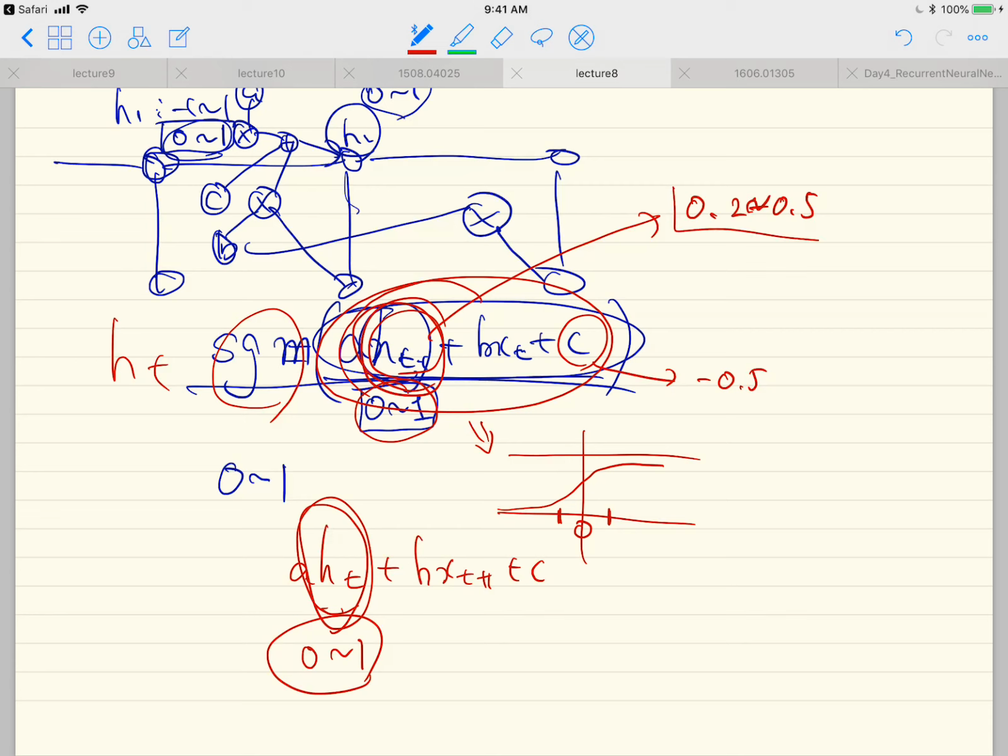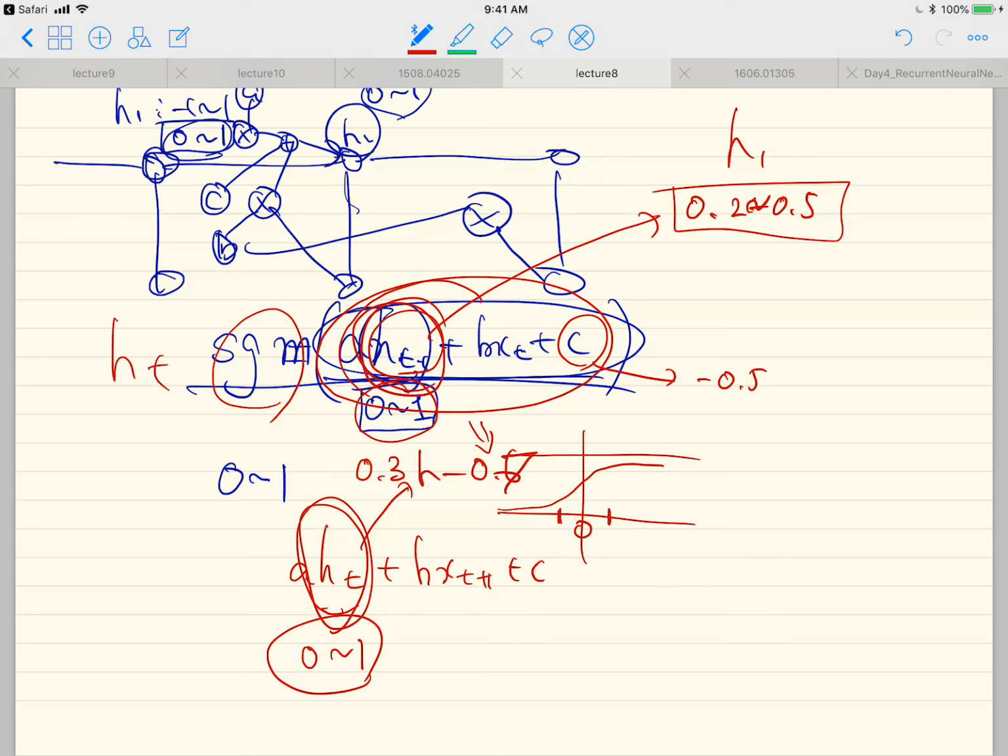Suppose that was the actual range for H1, for example, and this one had a range of 0.3 to 0.6 or 0.7, for example. And then these actual ranges may shift a little bit to the left or right, right?